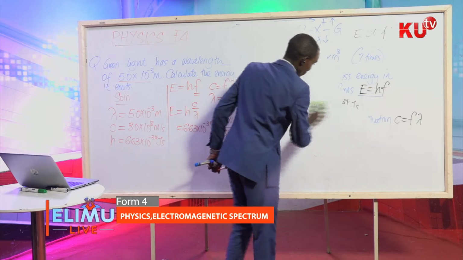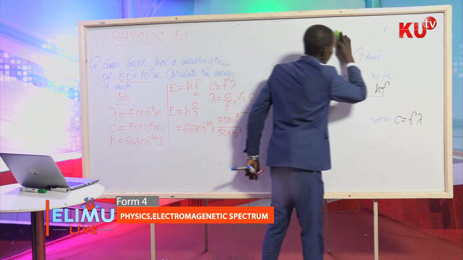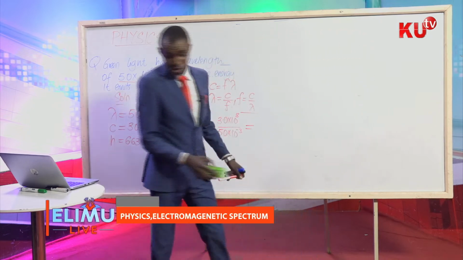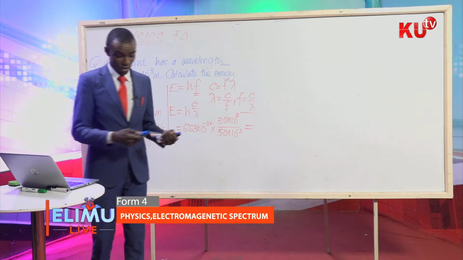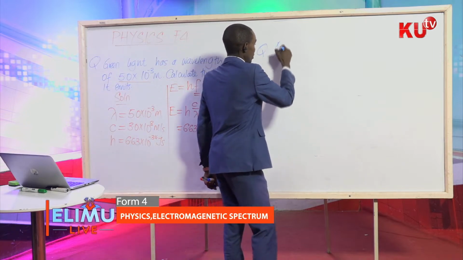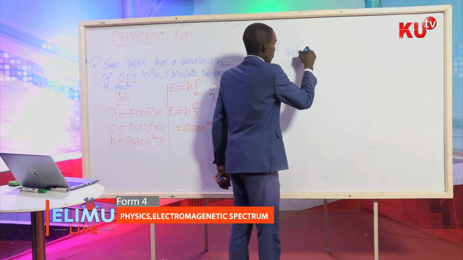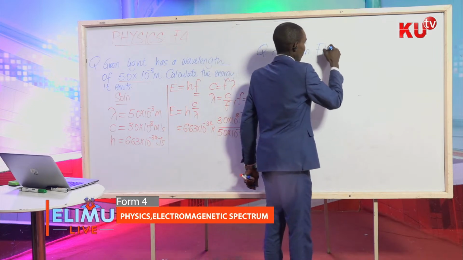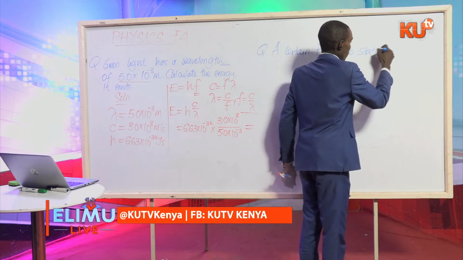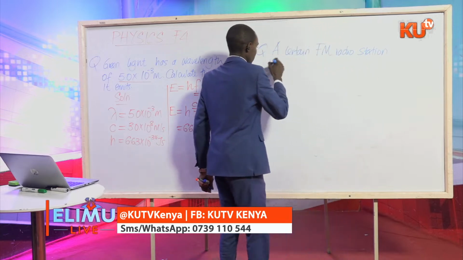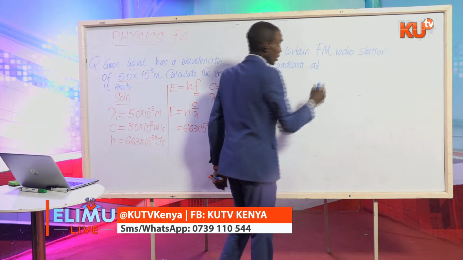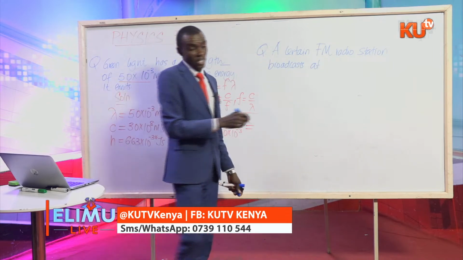So moving on to question number 2. The question goes, a certain FM radio station broadcasts at 100.3 megahertz.